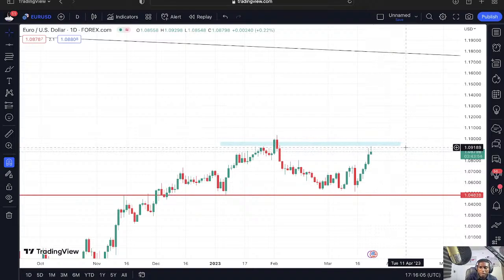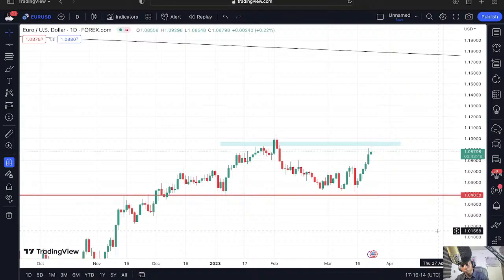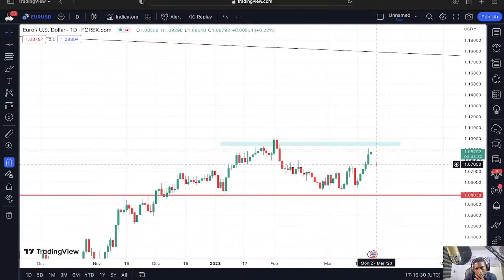Rally a bit and then push up, or rally a bit, or go down, rally a bit and keep falling. These are the possible scenarios that might happen.